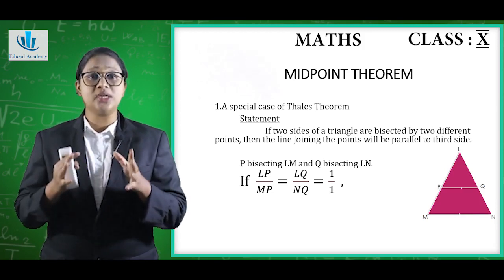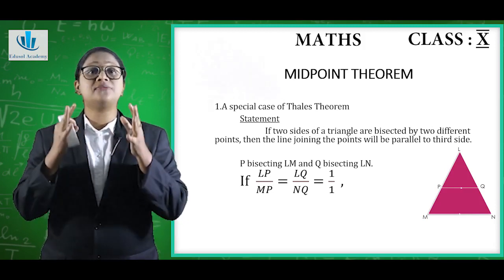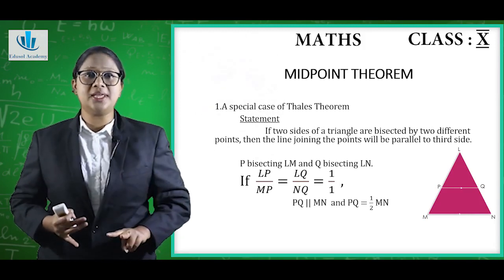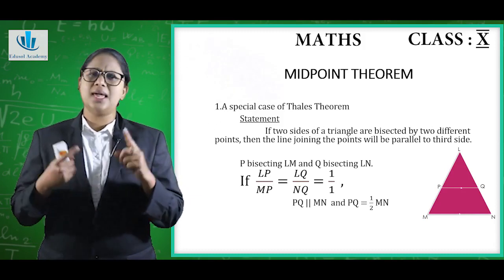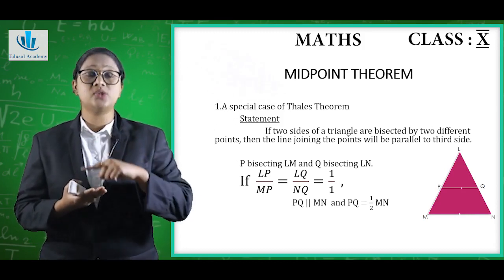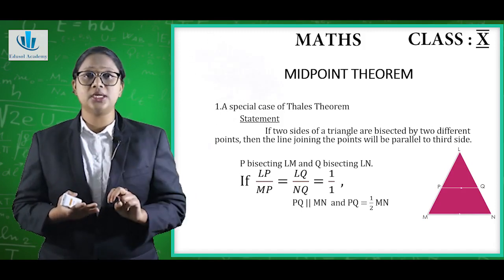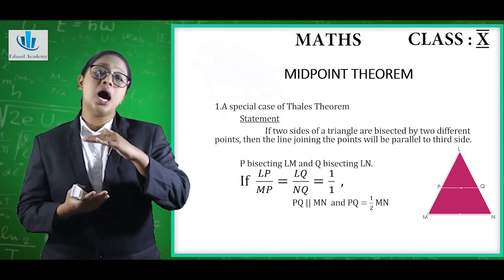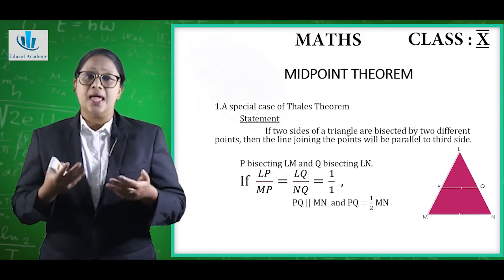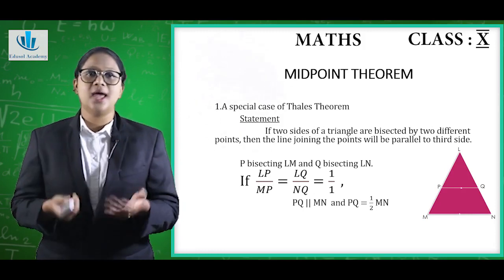So the ratio is 1:1, that's fixed. If that is the condition, then there are two conclusions for midpoint theorem. First is same as BPT, that PQ is parallel to MN, and the second is that PQ will be half of MN. That is, if MN is 10, PQ is 5, MN is 100, PQ is 50, and so on.